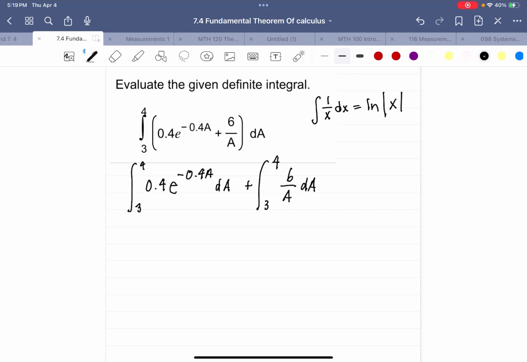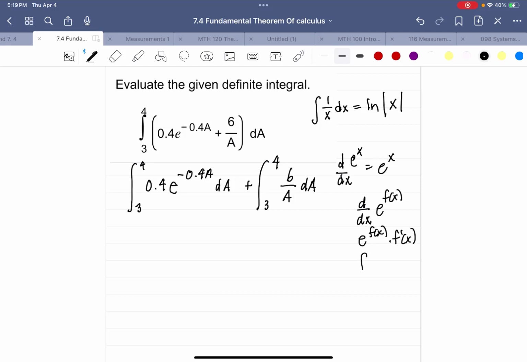Now also, when you do the derivative with respect to x of e to the x, you get e to the x. But when you do the derivative with respect to x of e to the f of x, you get e to the f of x times f prime of x.